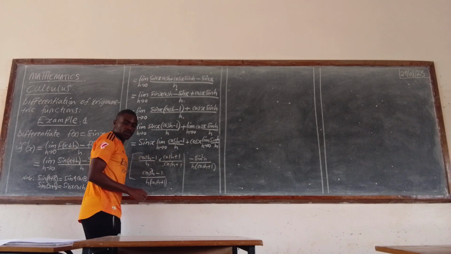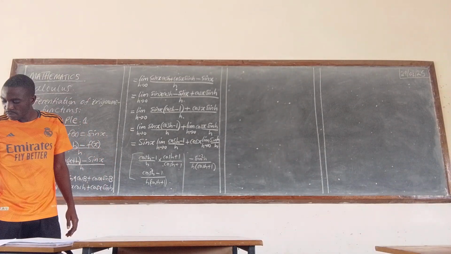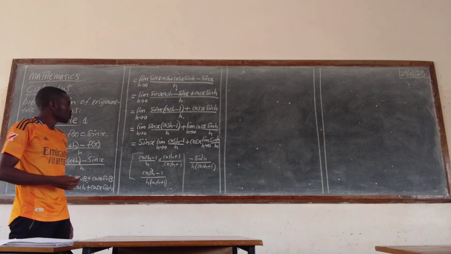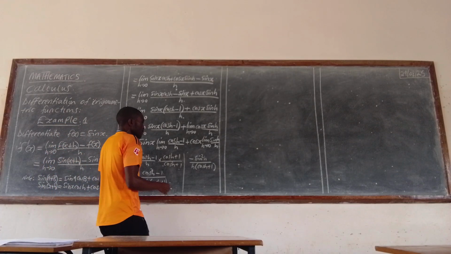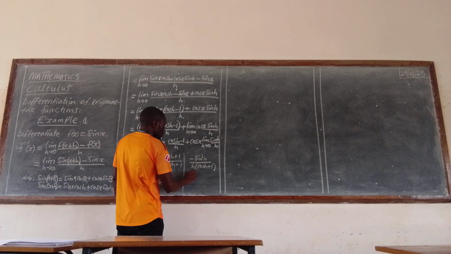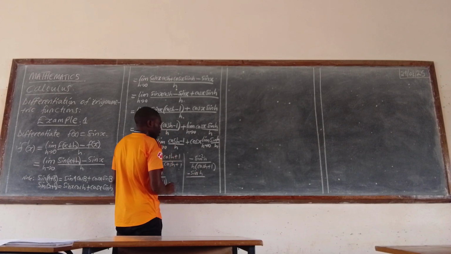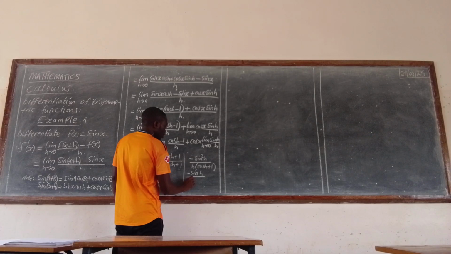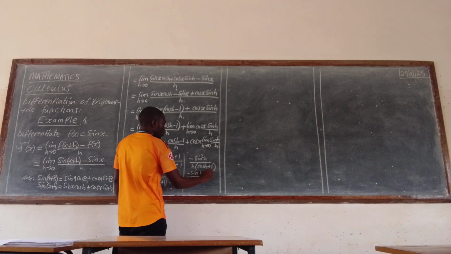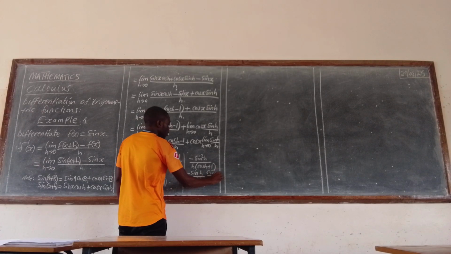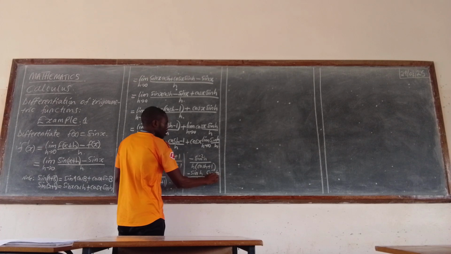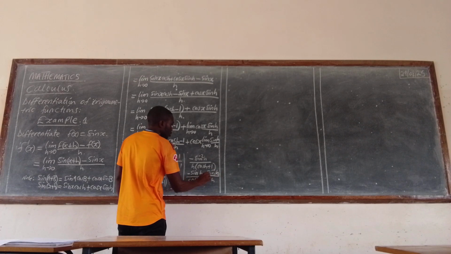Now, this can be written as negative sine h divided by cos h plus 1, times sine h divided by h.